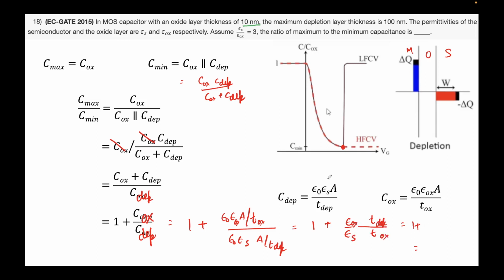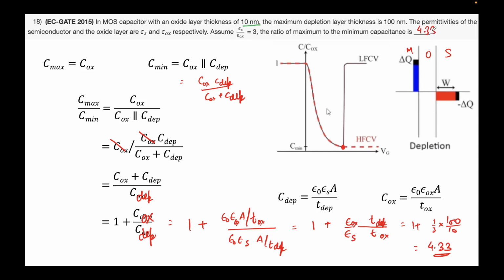So oxide by silicon is given as 1 by 3. T depletion is 100, T oxide is 10. So that will come out to be 10 by 3, which is 3.33, plus 1 is 4.33. The ratio that I'm getting is 4.33 here.